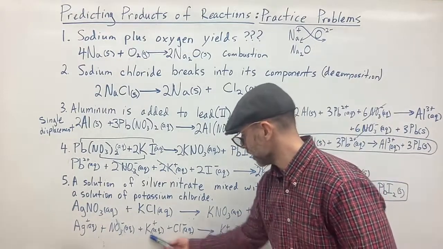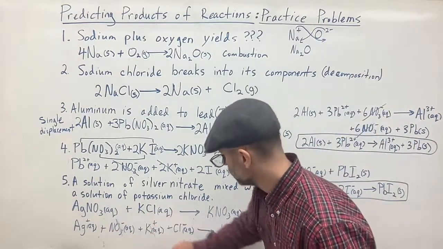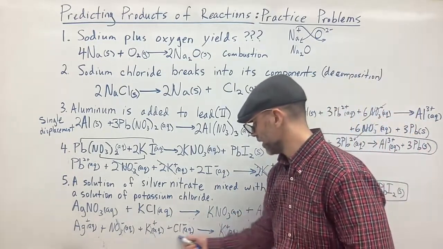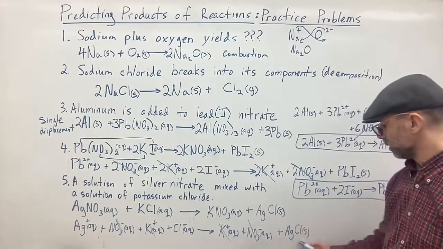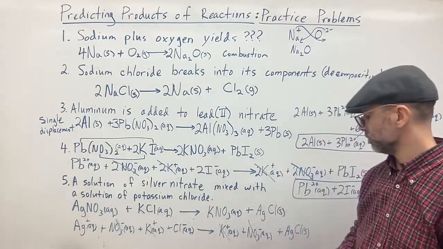Potassium is K plus aqueous, so the same there. We have one on each side, so we cancel that out. And here we have chloride ion aqueous, and then chloride becomes part of the solid, so that is not a spectator ion, so we'll keep those.